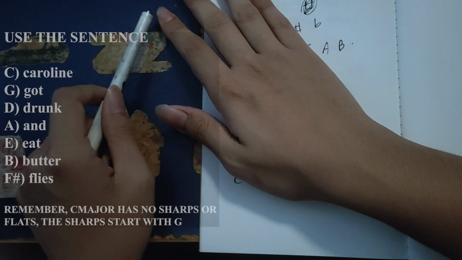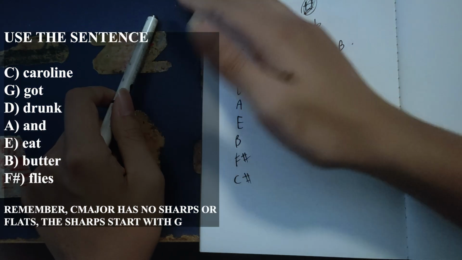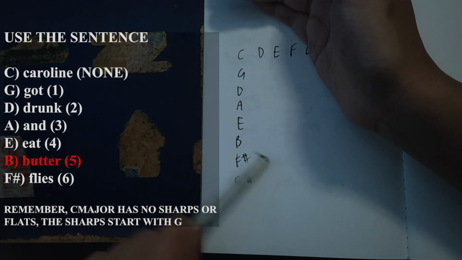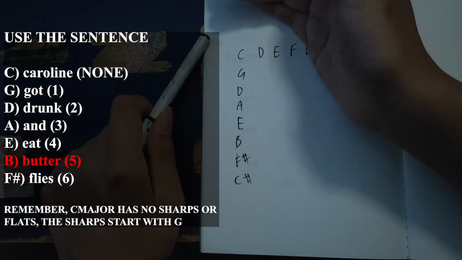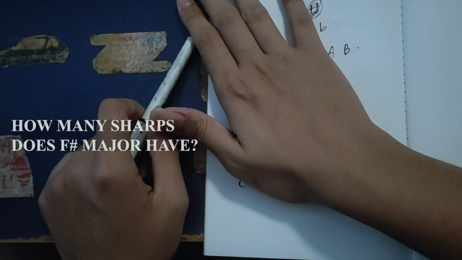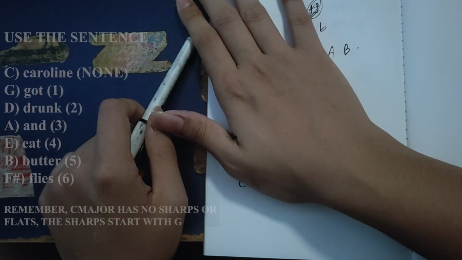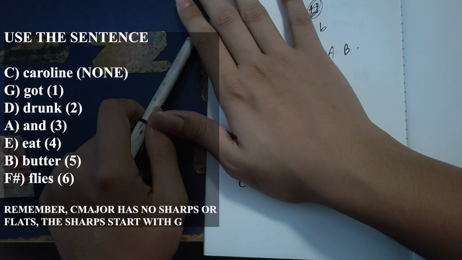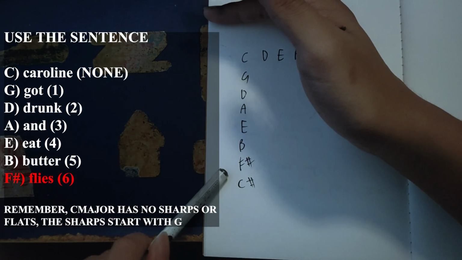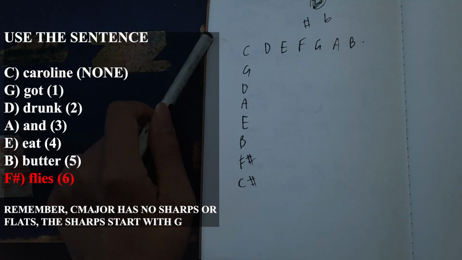How many sharps does B major have? 1, 2, 3, 4, 5. 5, ladies and gentlemen. Isn't that incredible? How many sharps does F sharp have? Wow, you're really cool, dude. 1, 2, 3, 4, 5, 6. And that's what we should remember next.